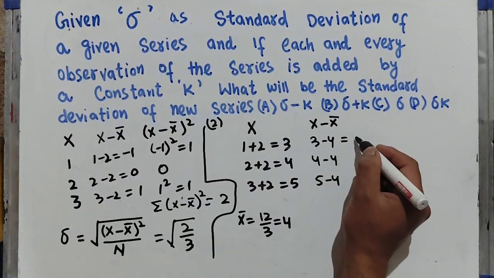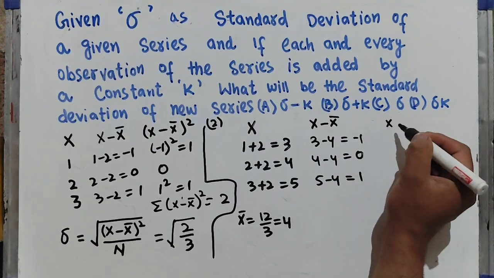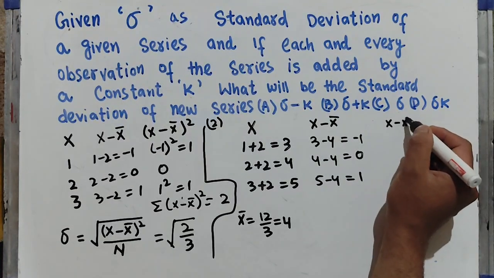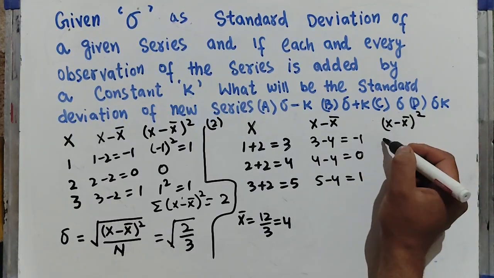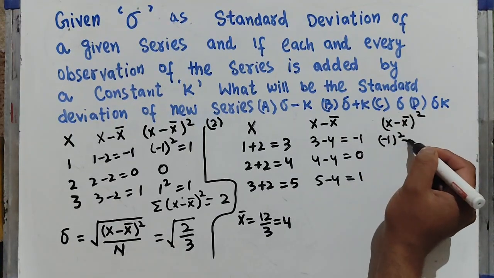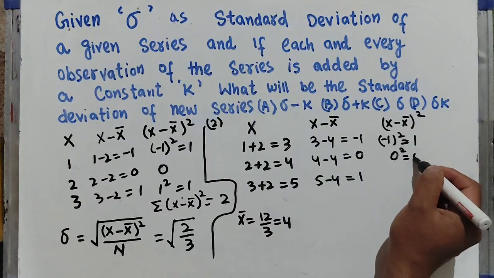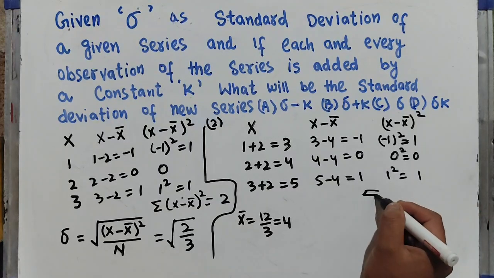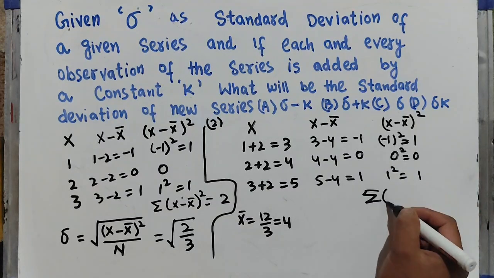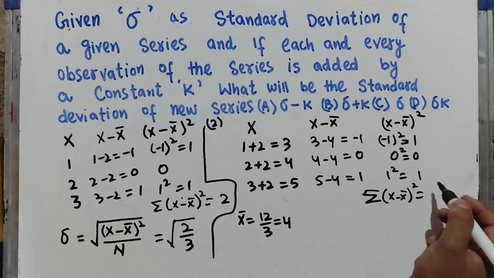Here we get negative 1, here 0, here 1. Now square x minus x bar: negative 1 squared is 1, 0 squared is 0, and 1 squared is 1. The sum of (x minus x bar) squared is 1 plus 1, equal to 2.